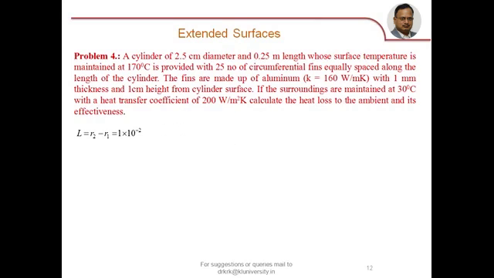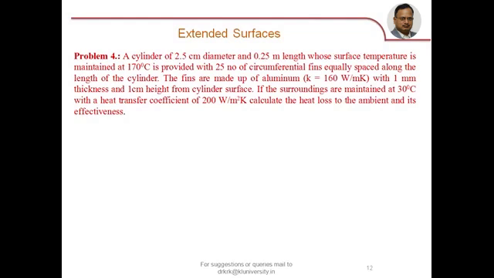The fins are made up of aluminum with 1 millimeter thickness and 1 centimeter height from cylinder surface. So if the surroundings are maintained at 30 with a heat transfer coefficient of 200 watt per meter square Kelvin, calculate the heat loss to the ambient and its effectiveness.